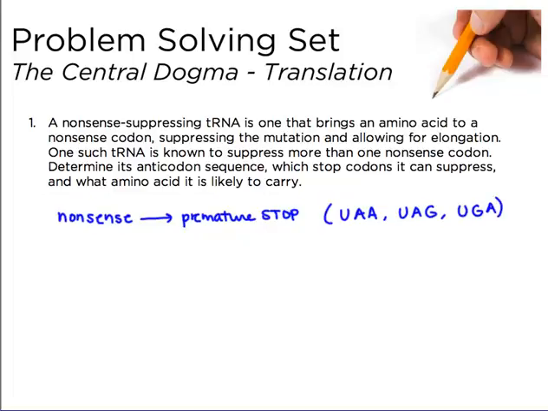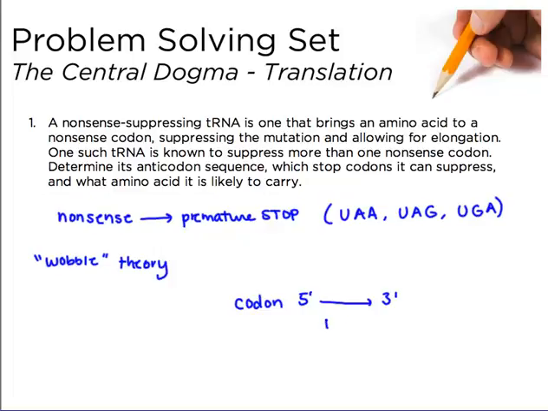The other theory we have to go over is the wobble theory, and we're going to use these wobble rules to solve this problem. In a codon that runs 5' to 3', the wobble theory states that the first two nucleotides are more important for base pairing with the anticodon than the third base is.